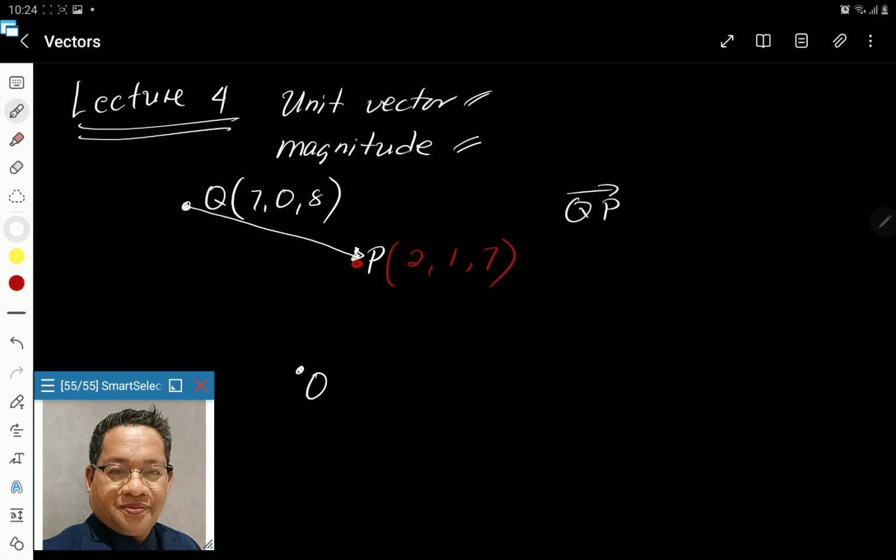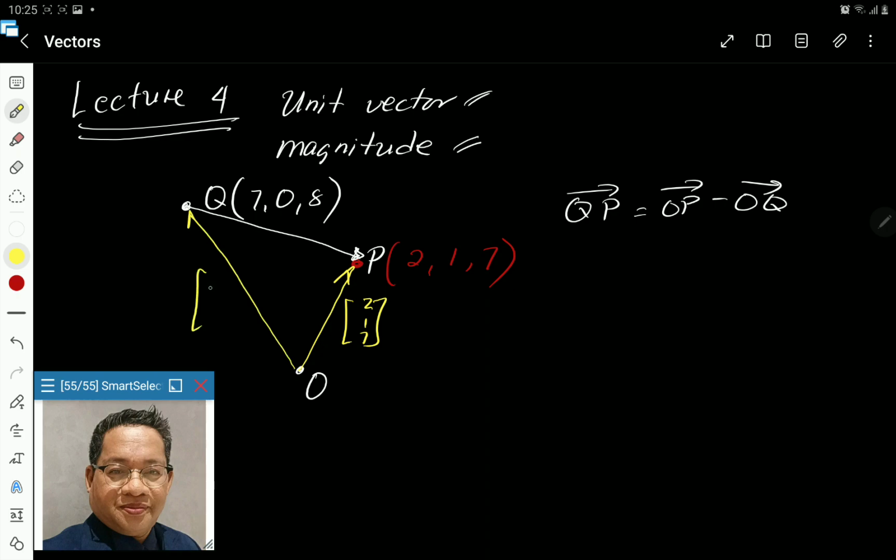Again, QP is equal to OP minus OQ. So basically this is your OP, the vector 2, 1, 7, and then your OQ is equal to 7, 0, 8.